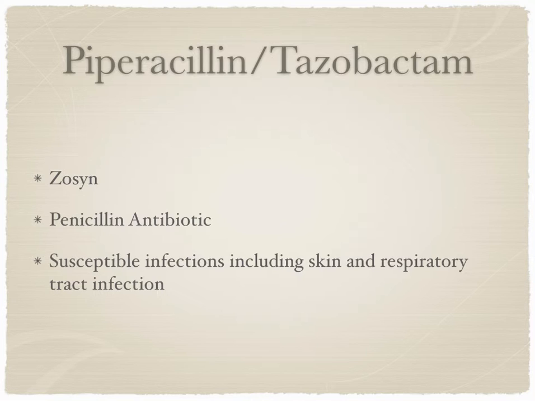So Zosyn and Unasyn are very similar, but there is slight difference in what they cover in terms of bacterial coverage. One thing I forgot to mention, that Augmentin, or amoxicillin with clavulanate, is an oral form, so it is something we take by mouth, whereas Unasyn and Zosyn, they're given intravenously.